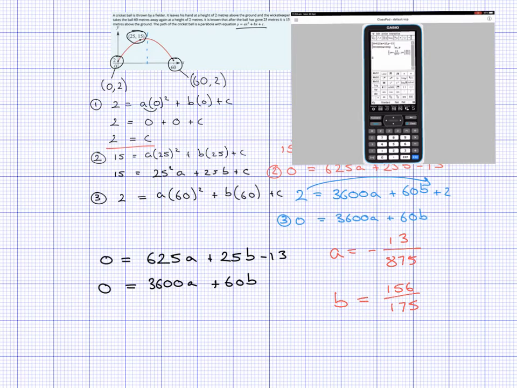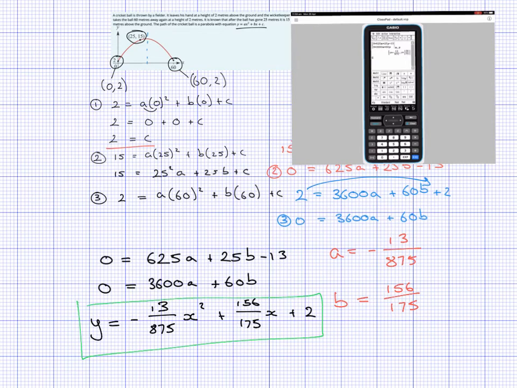Now the final step for this part is to plug those a and b values back into the equation, which the original question told us wanted it in general form. So I have to go minus 13 over 875 times x squared plus b value of this times x plus the c value of 2. Now this is the equation of the parabola.